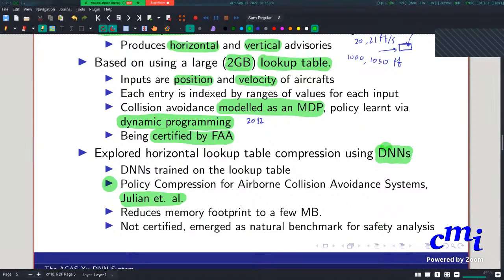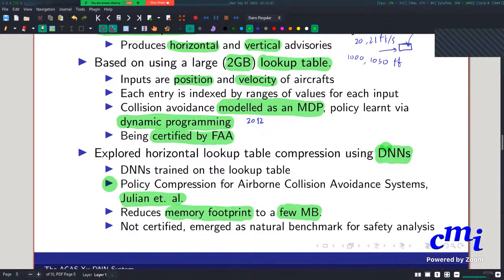And what they found in this particular paper is that, one, they can reduce the memory footprint hugely, which is not a surprise because, after all, the DNN would be much more compact. In fact, they reduced it to a few megabytes, which is a huge amount of reduction. And secondly, they found that under simulations, the DNNs were performing almost as well as the table itself, right? So the DNNs are actually performing very well.